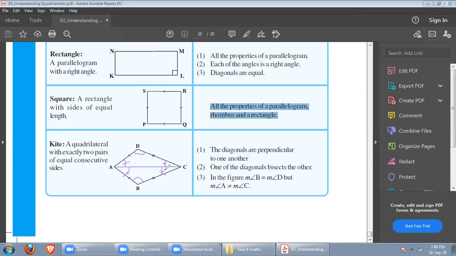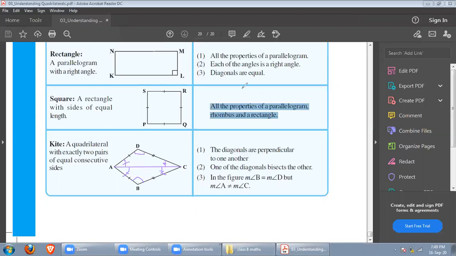So these two angles at B and D will be equal, but the big A is not equal to the big C. So one pair of opposite angles is equal, but the other pair of opposite angles is not equal.